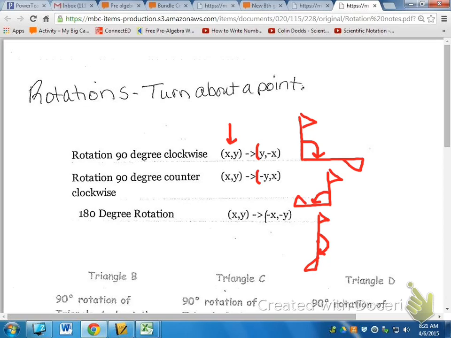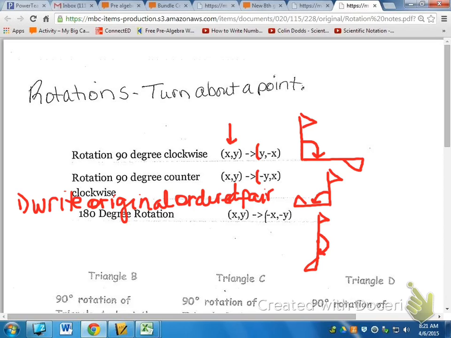So what I'm going to suggest for you guys to do is to look at the picture. I'm going to suggest that you write the original ordered pairs. Okay, so please write this down. Write original ordered pairs. Then I want you to change the ordered pairs by the rotation. So look and see whether it is a 90 degrees clockwise or 180 degrees.